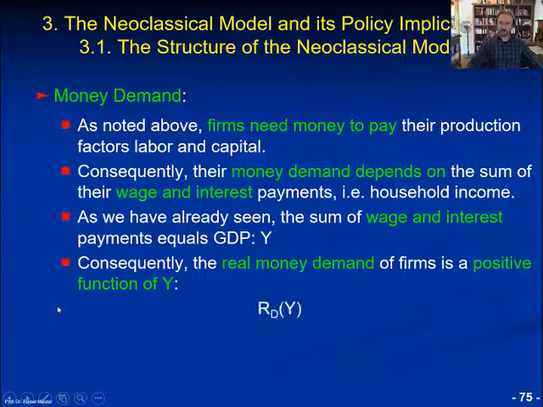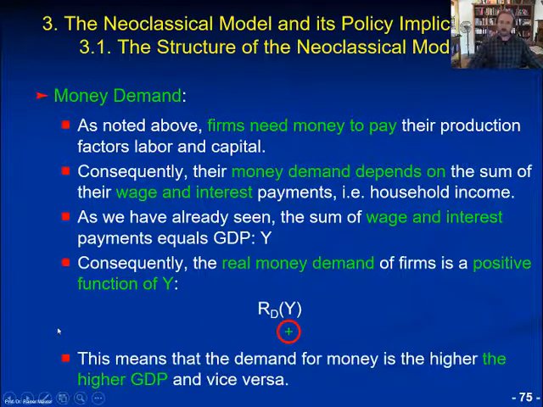So we can write this function as real money demand depending on GDP in a positive way. This means that the demand for money is the higher, the higher GDP, and vice versa.